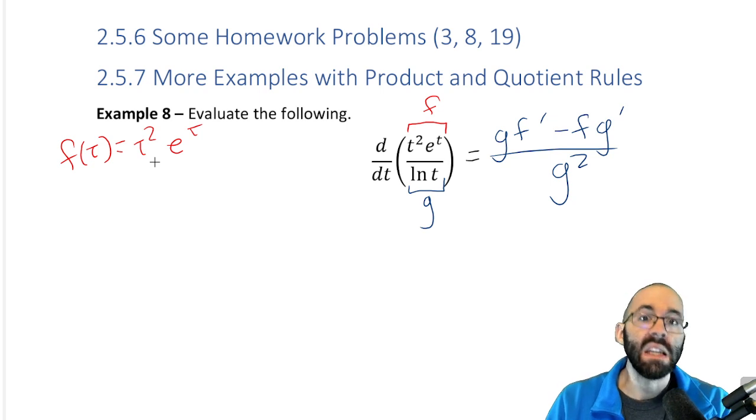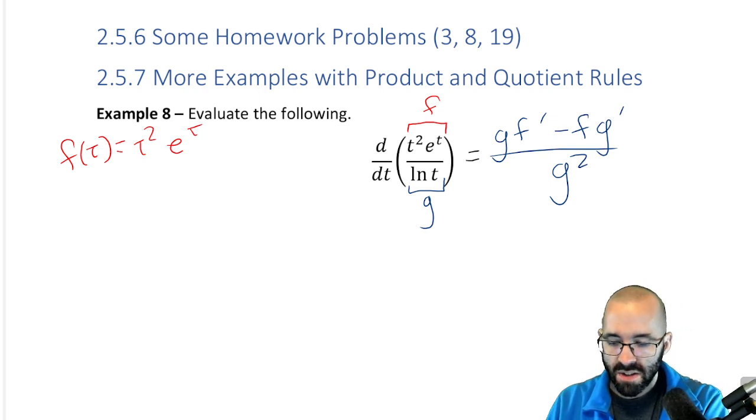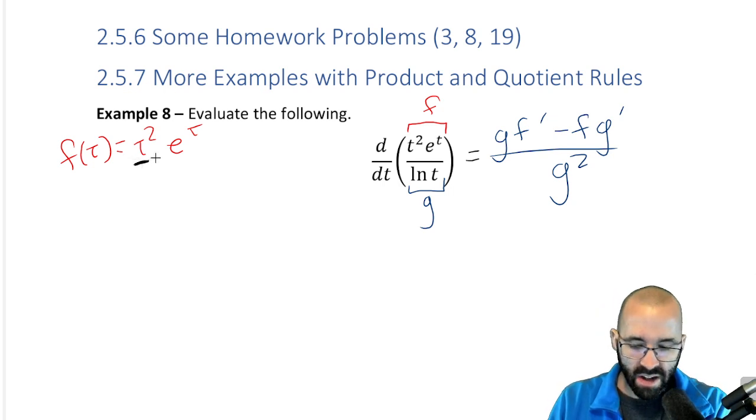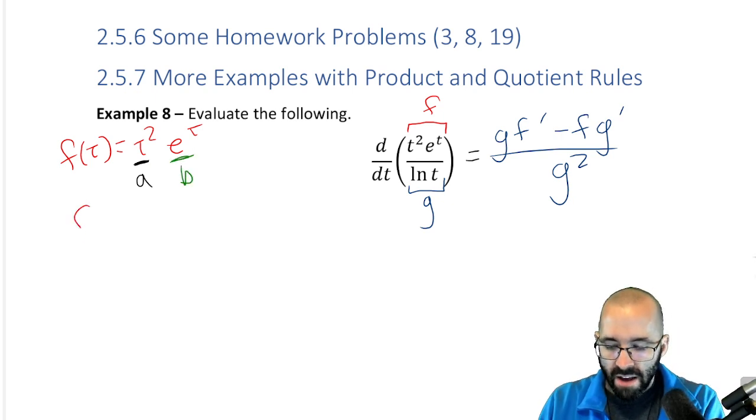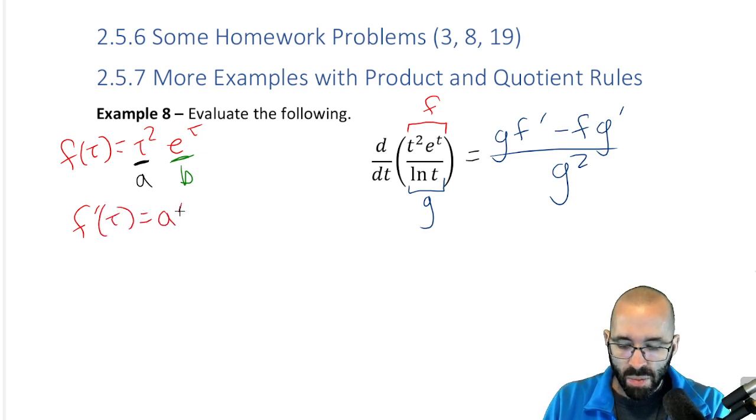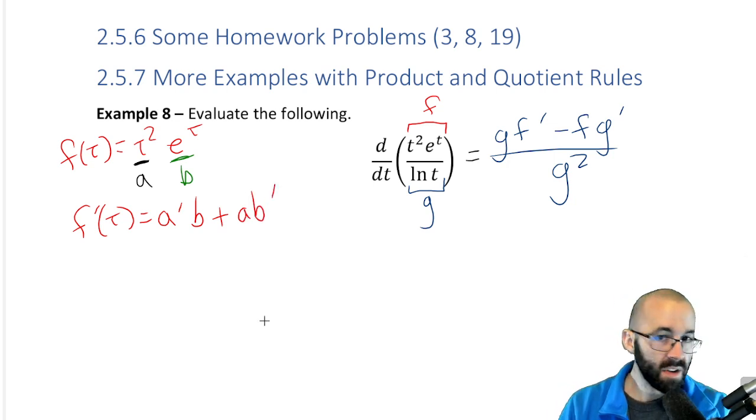We could use a and b. We can call this a and we can call this b. Well, then f prime of t is going to be a prime b plus a b prime using the product rule.